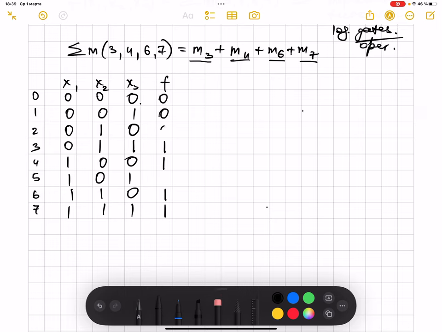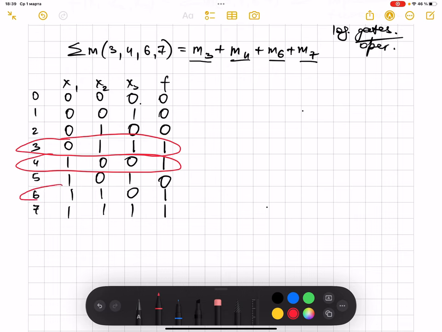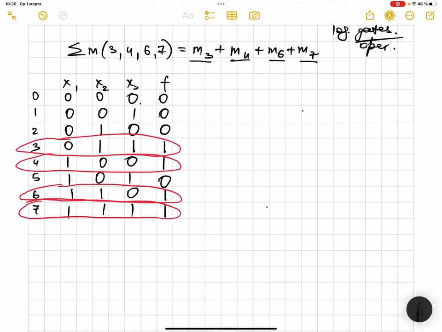Here we have zeros, here we have 1. We are taking only rows where the function's value is 1, right? So this is the principle of Min SOP. In max term, you only take the rows where the value is 0. So here we are taking the 1s, okay?